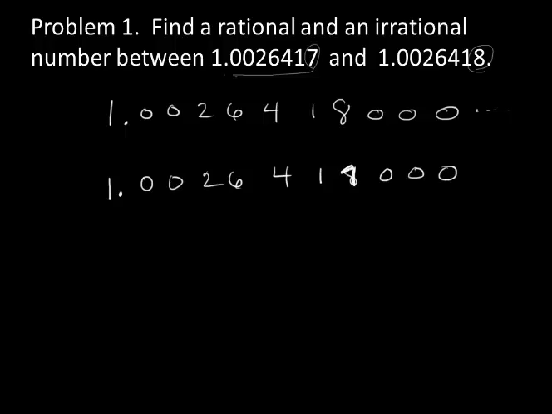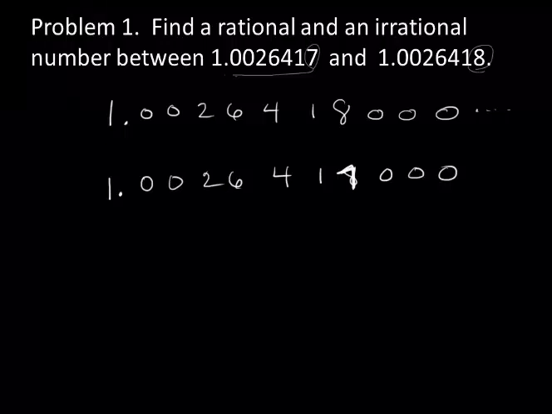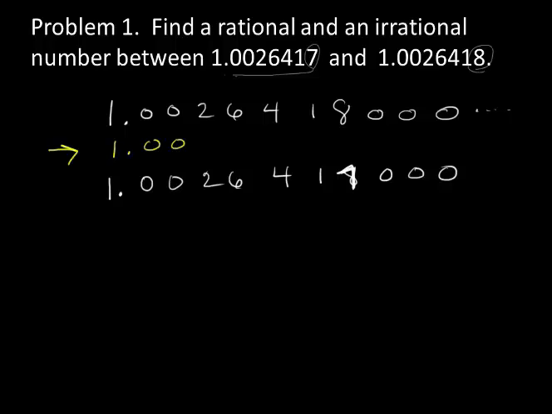0, 0, 0. So I write the 2 numbers down, the smaller one underneath, and now I'm going to insert a number between. Okay, so let's insert one in between. We know that it will have the same digits out to where the digits are different. And now I want it to be bigger than the number underneath and smaller than the one on top. So I'm going to have the digit 7 here.